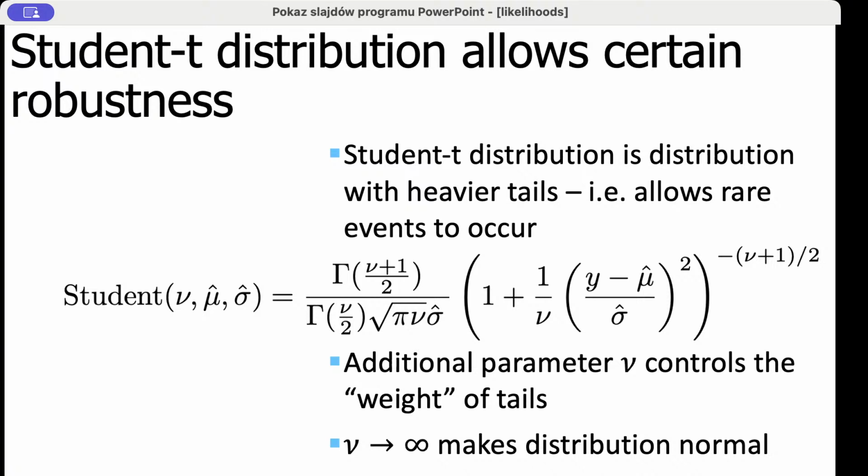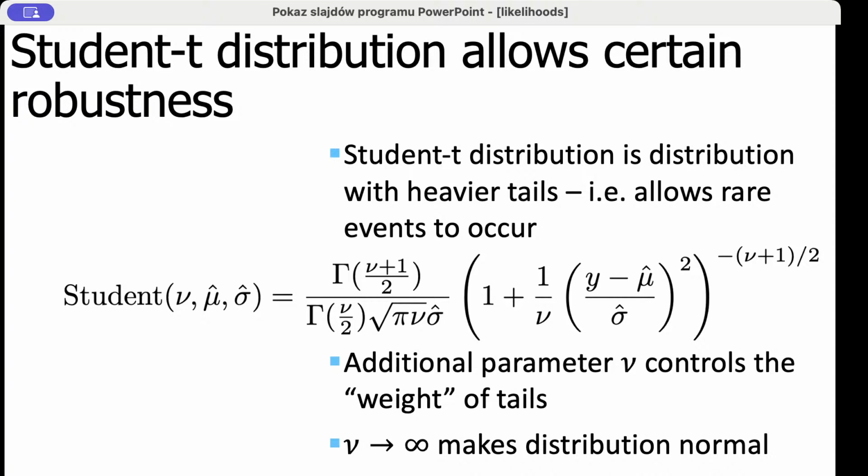So our distribution becomes normal. So when we automatically select those parameters using, for example, Monte Carlo sampling, we will get the values. If values are going very, very high, there's probability that it's just normally distributed data and we shouldn't play with Student. However, if it gets smaller, the tails are becoming heavier and heavier.